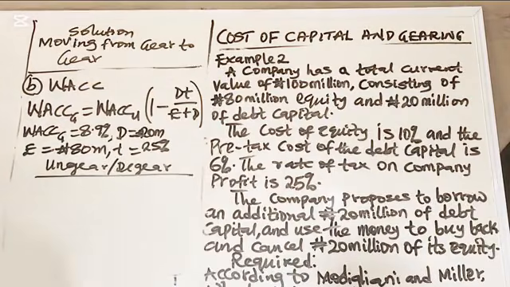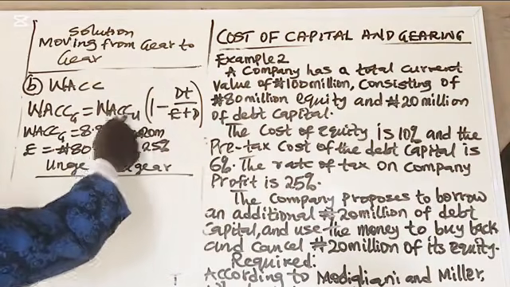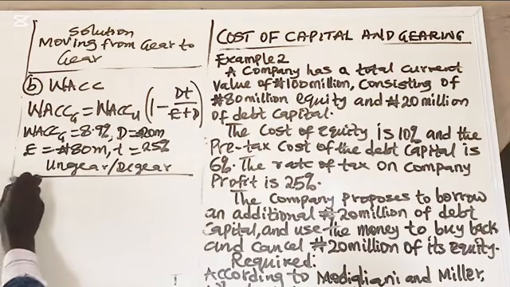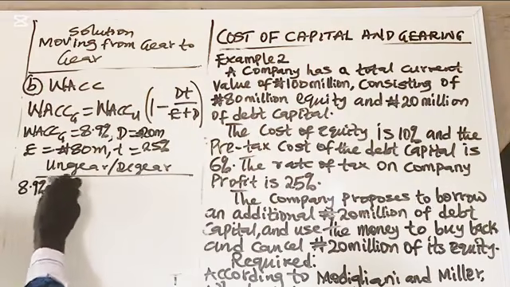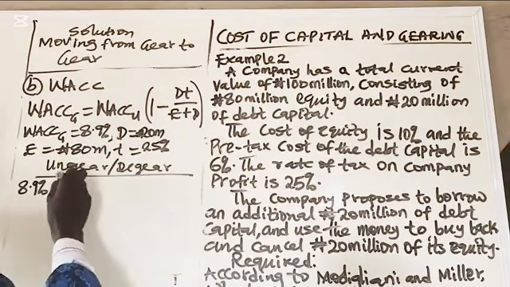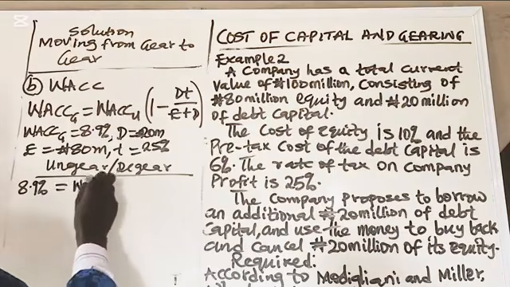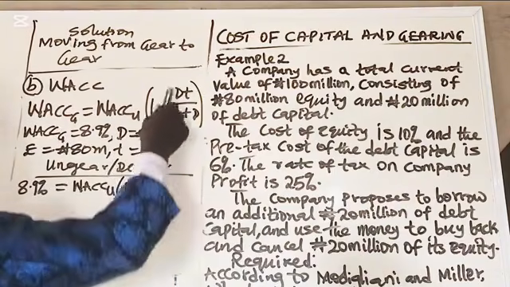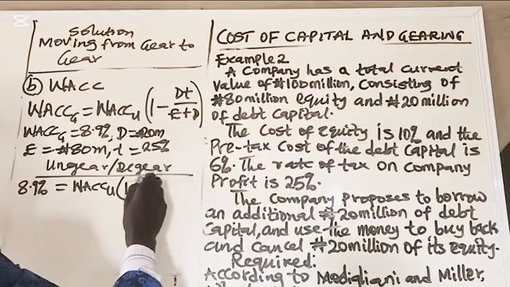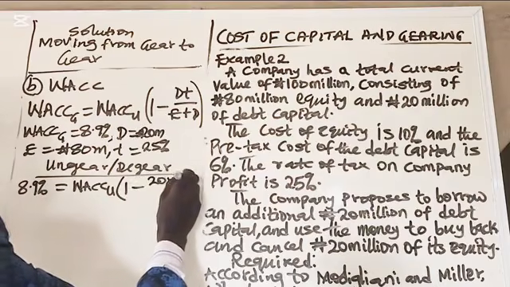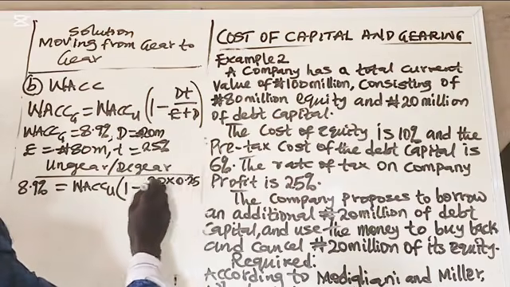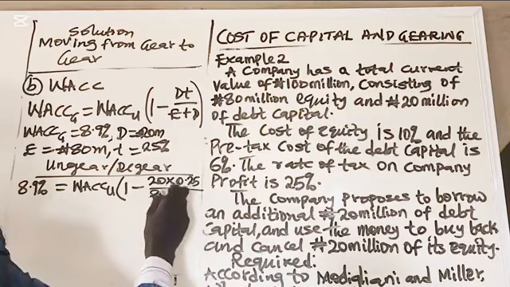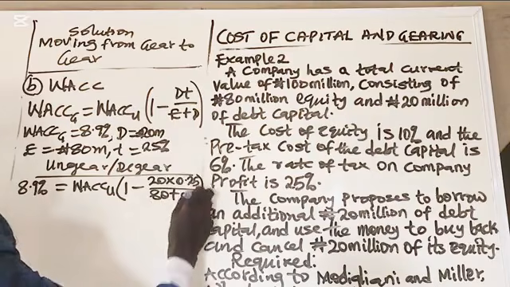So you want to ungear by calculating the WACC of the ungeared company. The WACC of the geared company is 8.9% as calculated, equals the WACC of an ungeared company, which is unknown, times 1 minus D T over E plus D: D is 20 million times tax rate of 25% over equity 80 million plus debt 20 million.